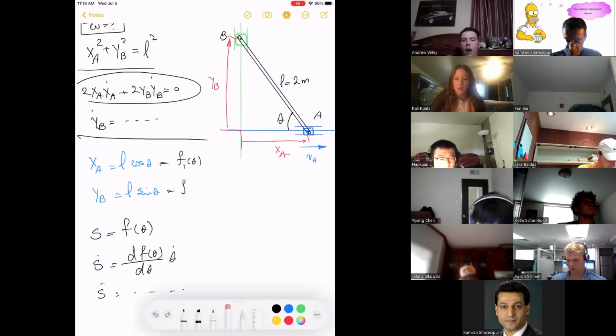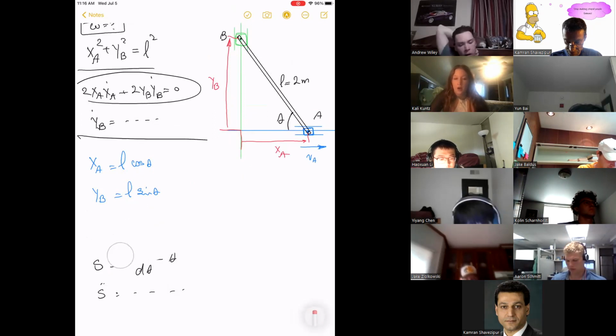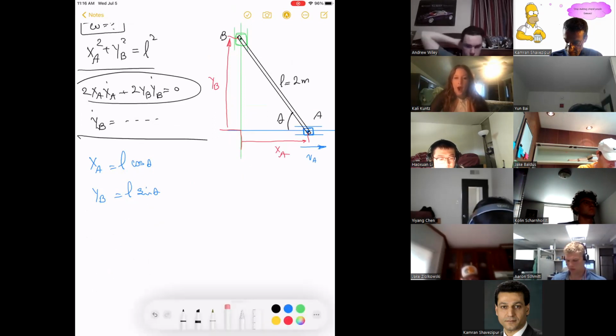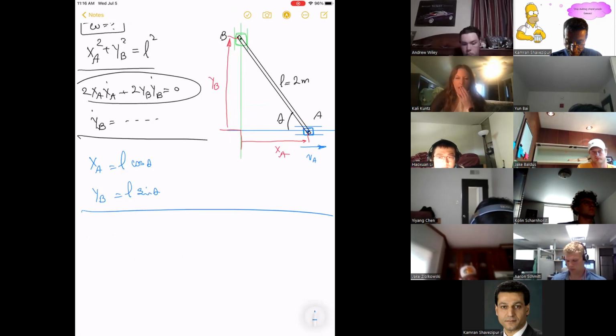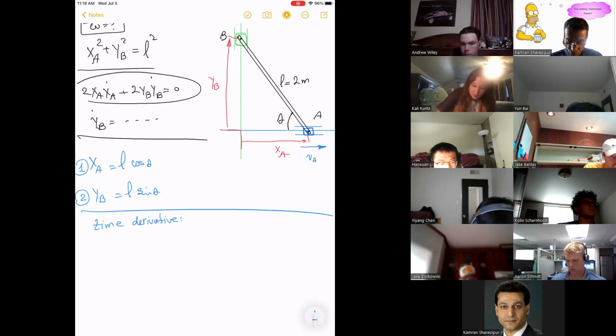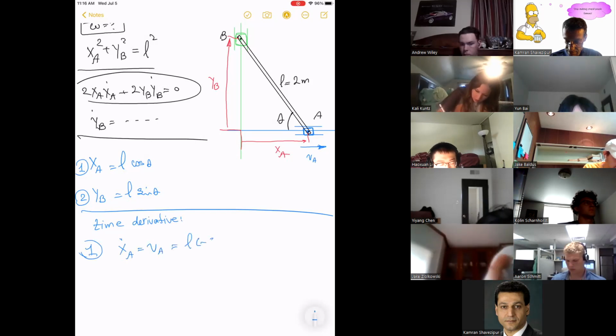Now that we have these functions, we're going to take these derivatives. Let's call this equation 1 and this equation 2. The time derivative of 1 gives you xa dot, which is VA, equal to L times minus sine theta, theta dot.